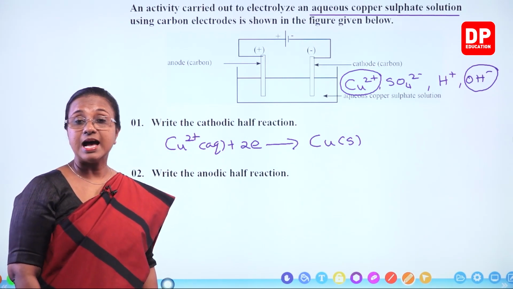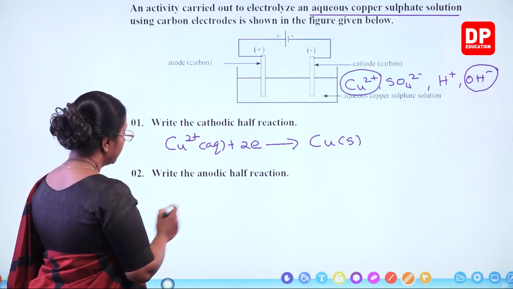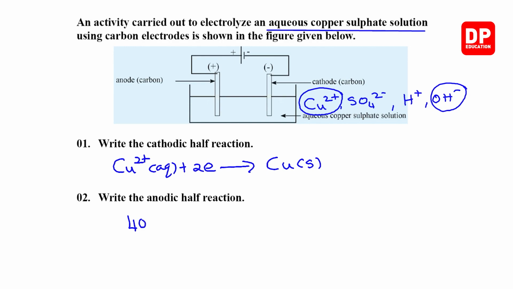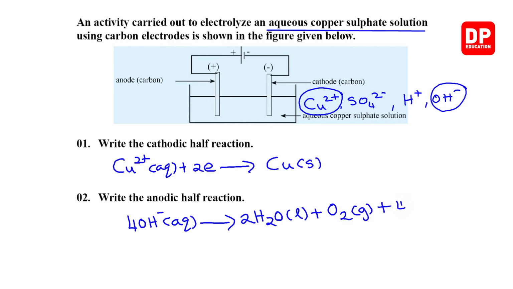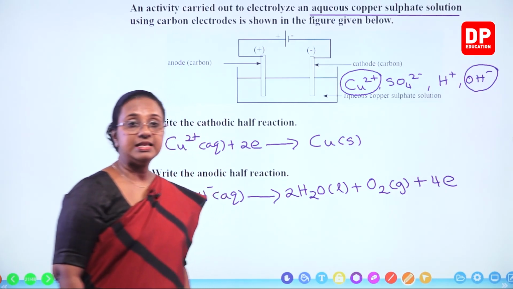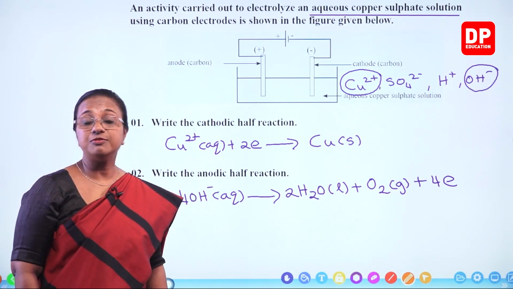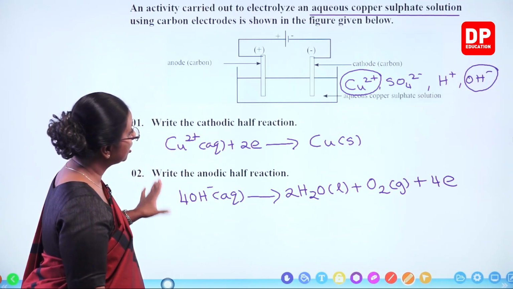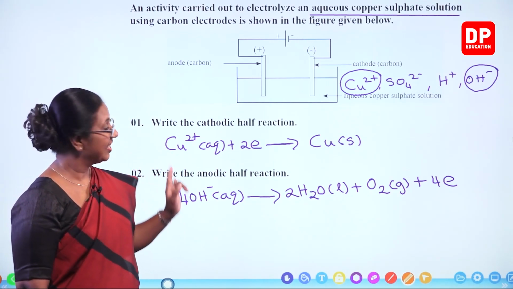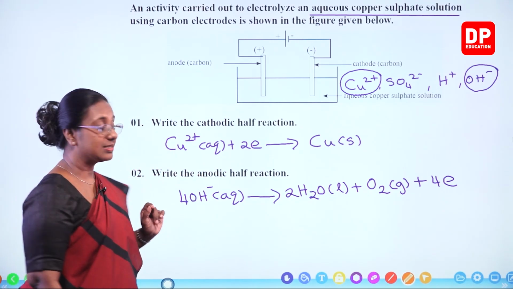OH- is the ion that gets oxidized. So there what happens? 4OH- aqueous becomes 2H2O liquid plus O2 gas, losing 4 electrons. That is the oxidation reaction, which is the anodic half reaction. I'm sure you all can write those today. So with that, I'll move on to the next slide.